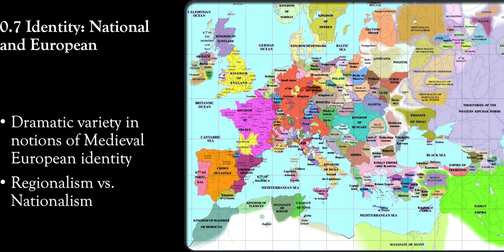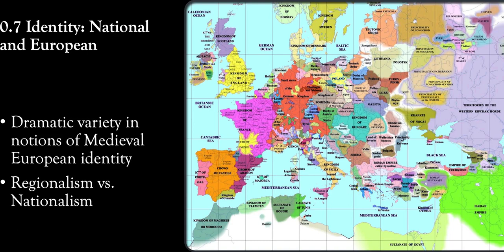So the Middle Ages is really considered a formative period in the creation of European identity, because there's a little bit that comes in from the classical era. There's influence from the Christian church, and of course influence from some of those Germanic tribes.